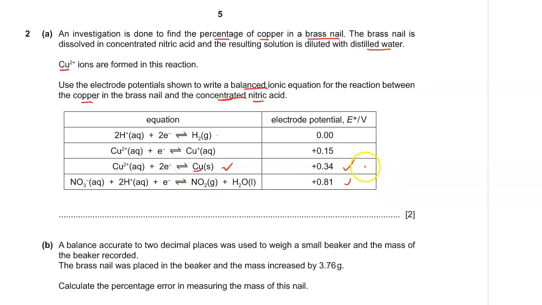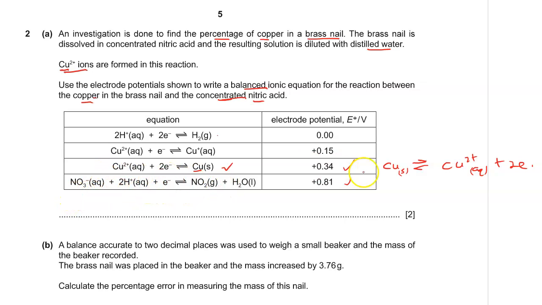In this equation, you change it and write it this way: copper gives us, in a reversible reaction, copper 2 ions aqueous plus 2 electrons. So we'll use that equation, and then we also use this other equation.